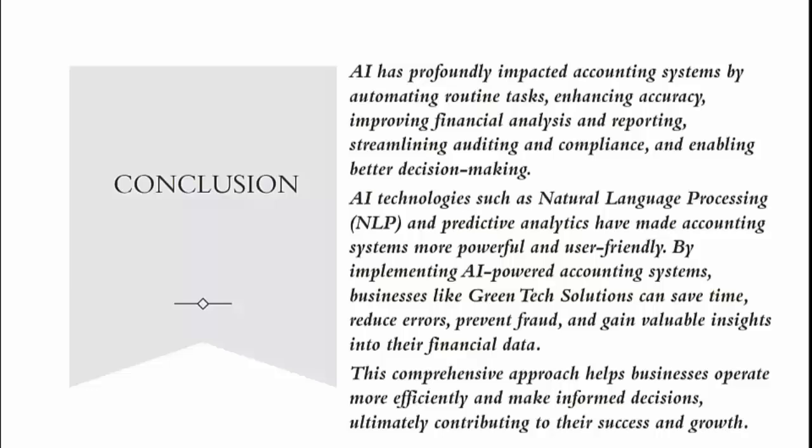By implementing AI-powered accounting systems, businesses like GreenTech Solutions can save time, reduce errors, prevent fraud, and gain valuable insights into their financial data. This comprehensive approach helps businesses operate more efficiently and make informed decisions, ultimately contributing to their success and growth.